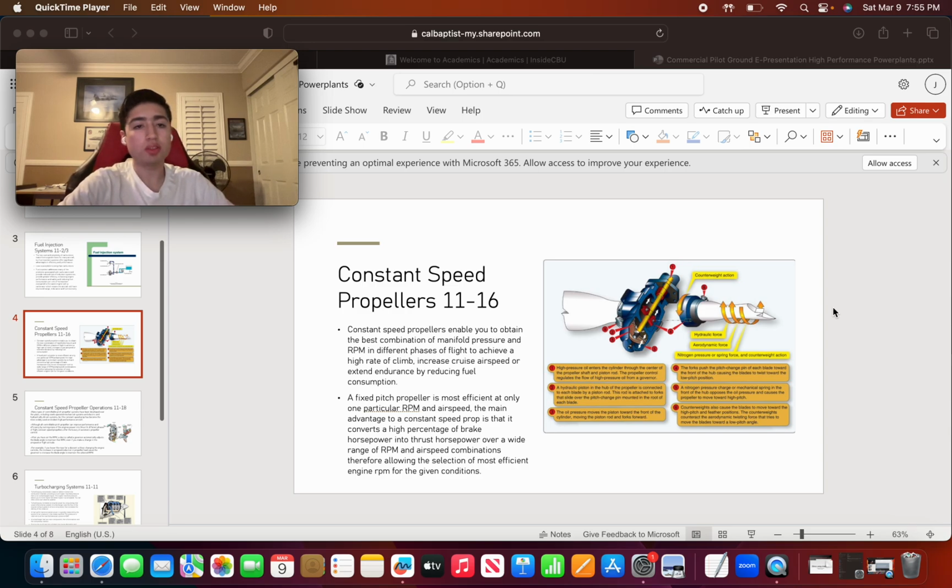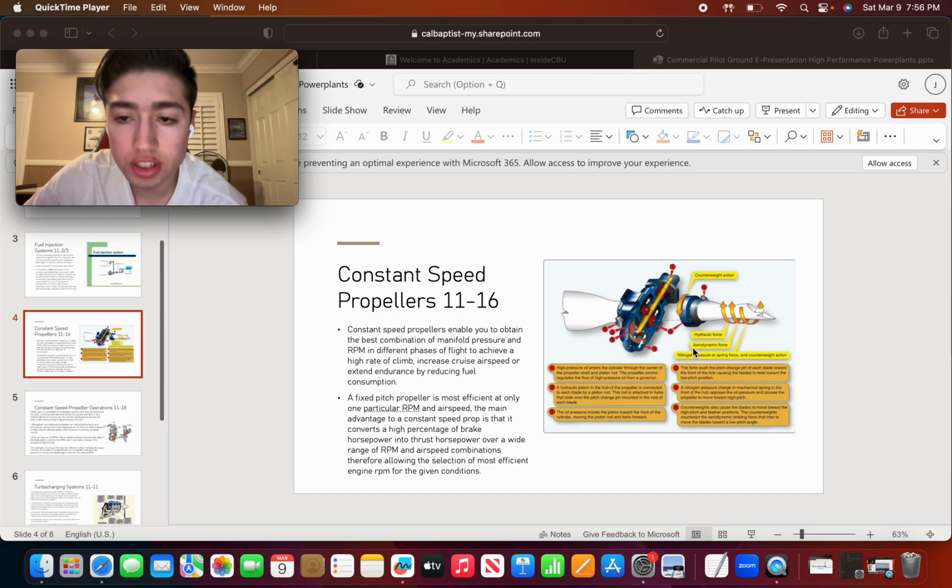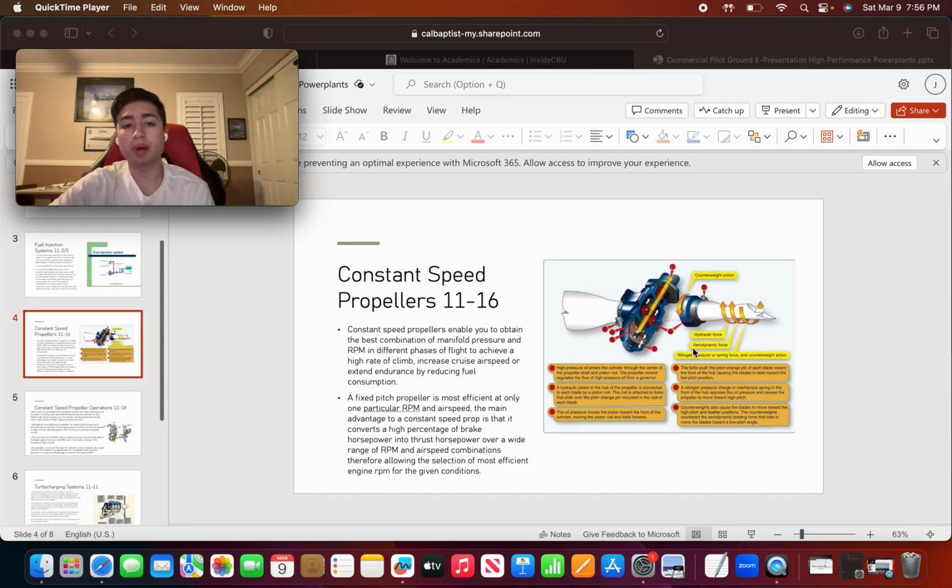The main advantage of a constant speed prop is that it converts a higher percentage of brake horsepower into thrust horsepower over a wide range of RPM and airspeed combinations, therefore allowing the selection of the most efficient engine RPM for the given conditions. Here's a diagram I provided on the right that goes through the steps of how constant speed propellers work. This can be found in 11-16. Again, all this information is from the Jeppesen textbook.